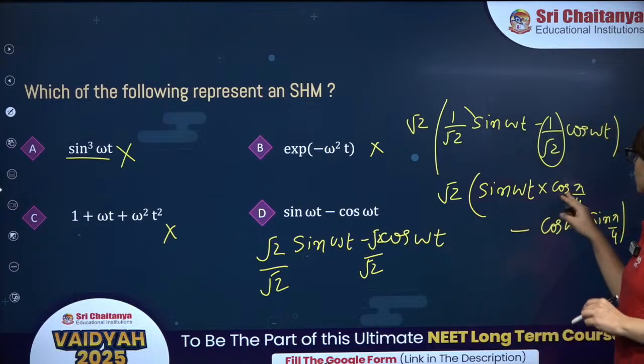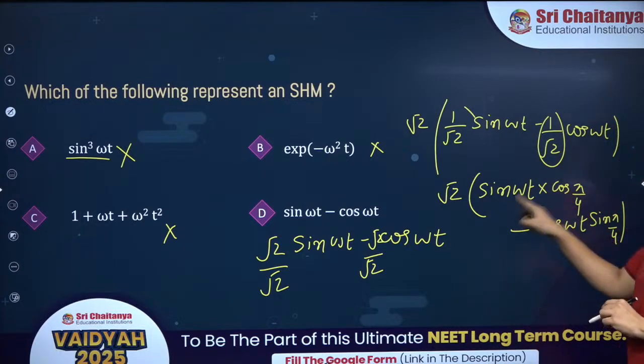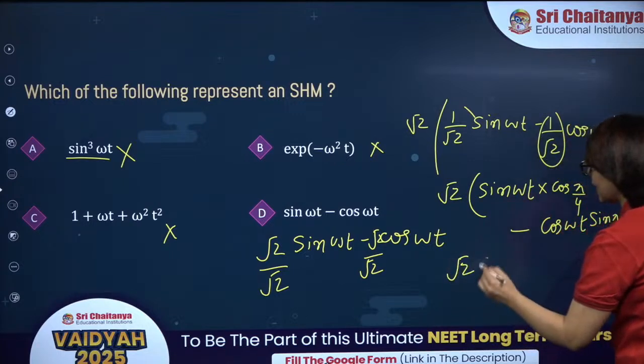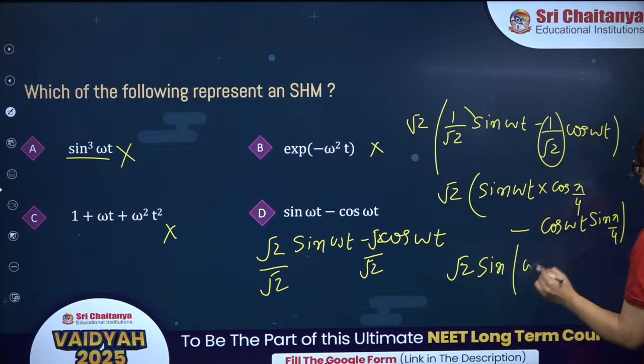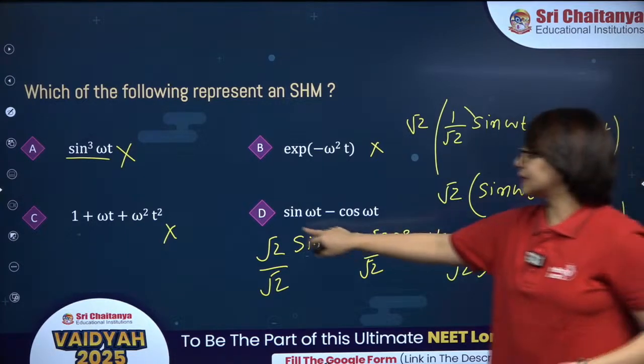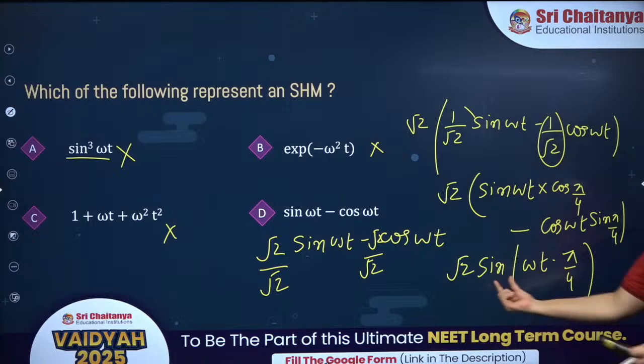So this is sin a cos b minus cos a sin b. Sin a cos b minus cos a sin b is nothing but sin of a minus b. So it is root 2 times sin of a minus b. So yes, we can represent this last function in terms of sine alone.